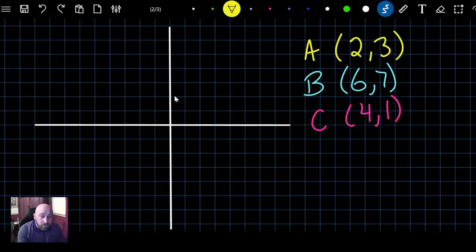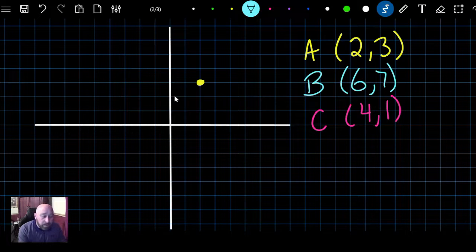So the first one we'll do in yellow, point 2, 3. So we're going to go 1, 2, and then 3, 1, 2, 3. So our yellow point will be right there. That's the first point they gave us. The second point that they gave us, and if you're wondering, this is on page 348 in your book, so you can follow along in example 7.9a.